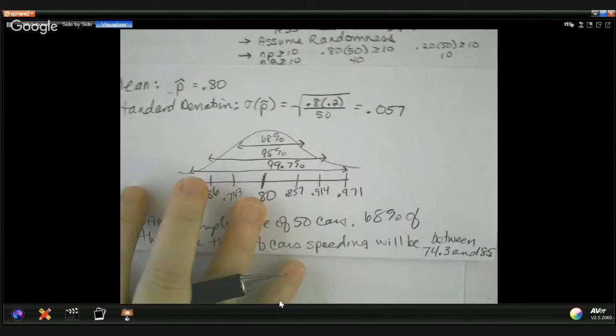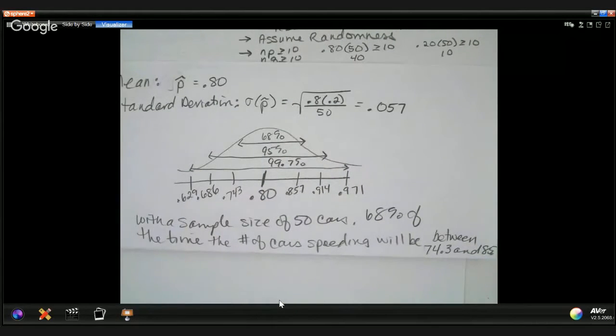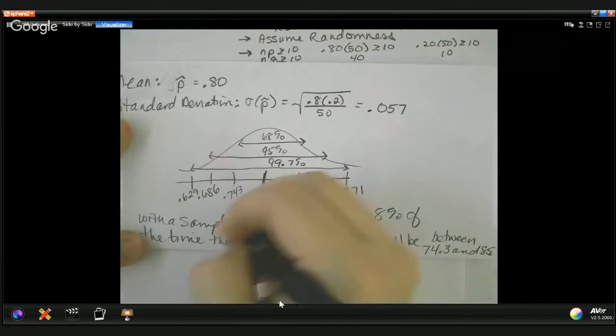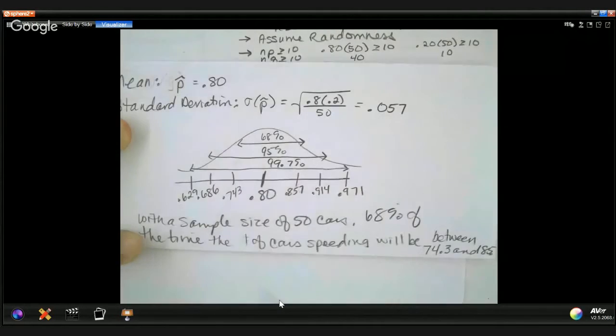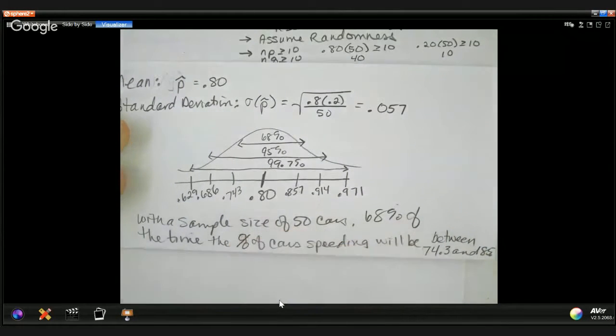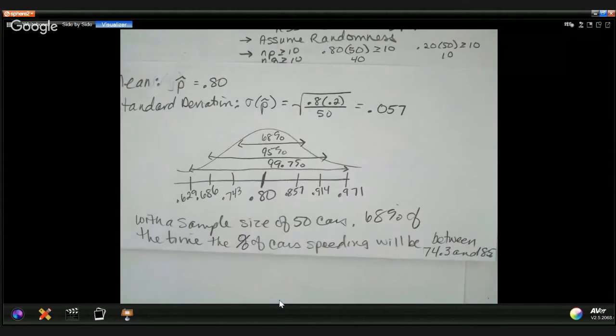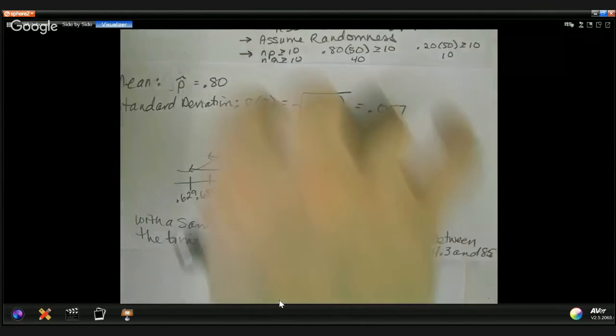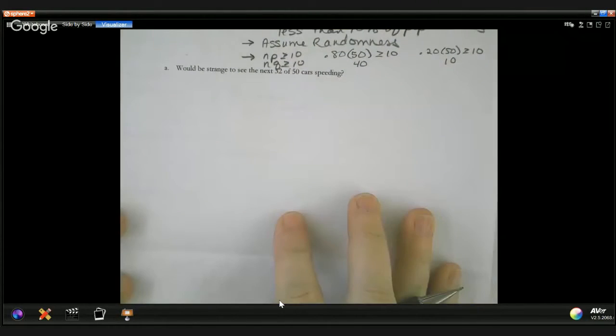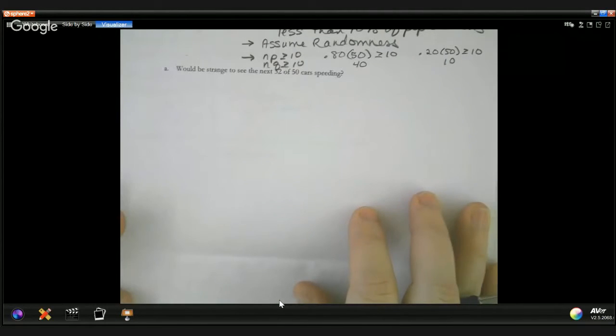Okay, so when there's a sample size of 50 cars, 68% of the time, the percent of cars, and let's just say percent, not the number, the percent of cars speeding will be between 74% and 85%. All right, the next problem says, would it be strange if you got 32 out of 50?